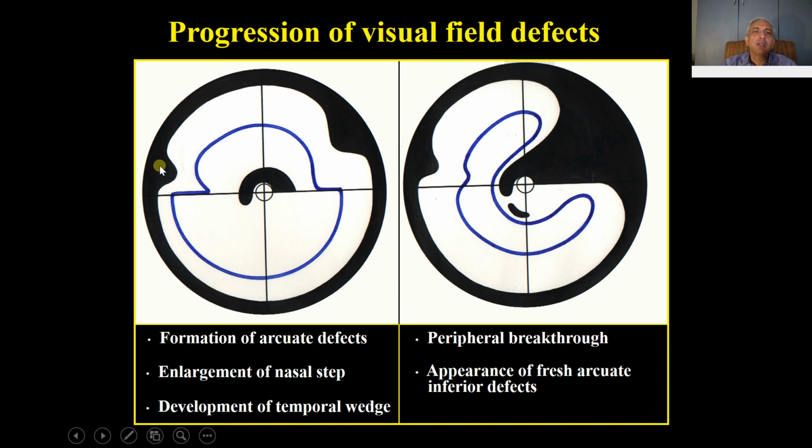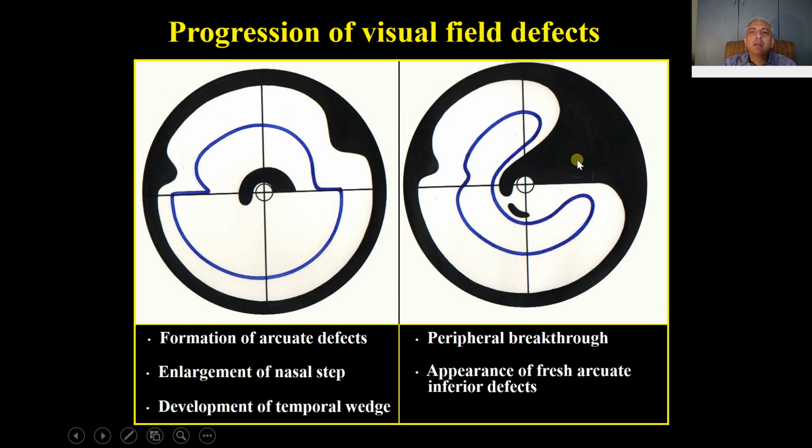So this patient, if you look at this optic disc, all the damage or all the focal notching is going to be present in the inferior part of the optic nerve. As the inferior optic nerve is damaged, it is reflected in the superior visual field defects.